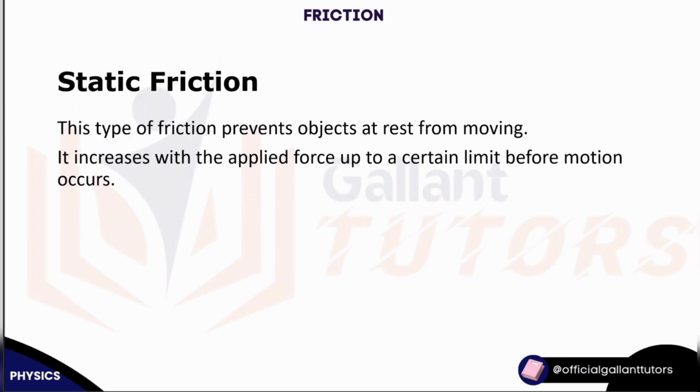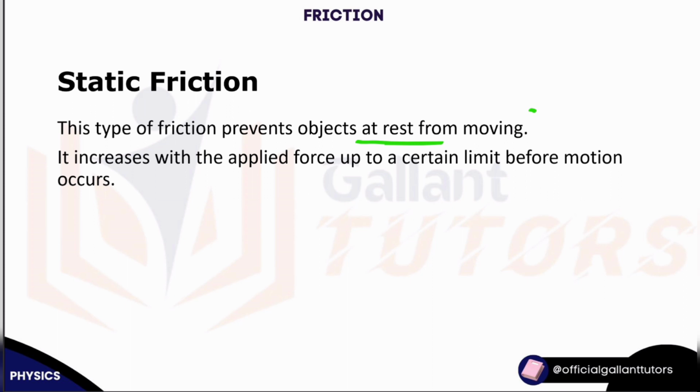Now, static friction. This is the type of friction that prevents objects at rest from moving. Take note of this keyword, at rest, because other types of friction do not specify that the object in question is at rest.